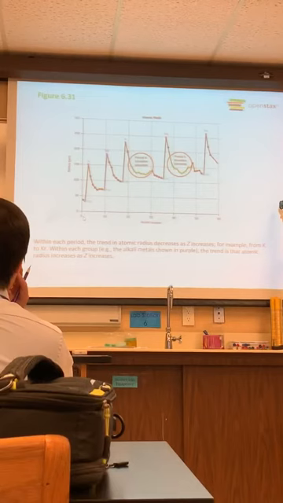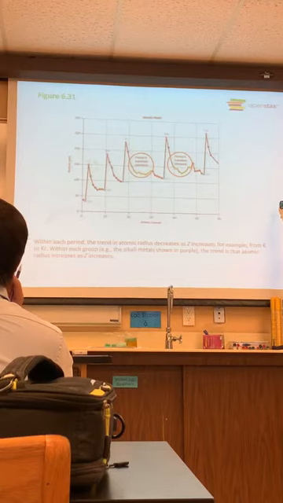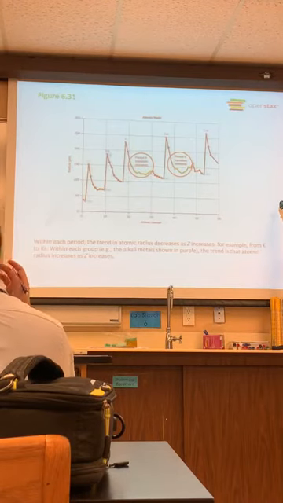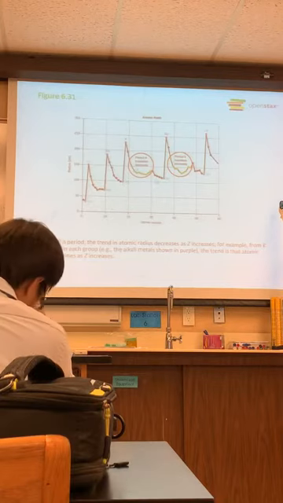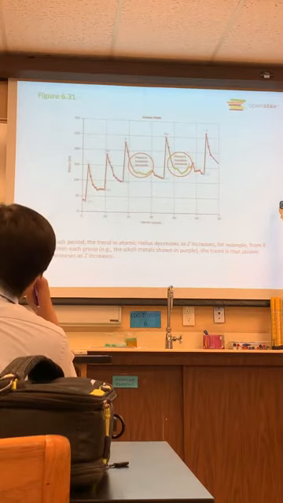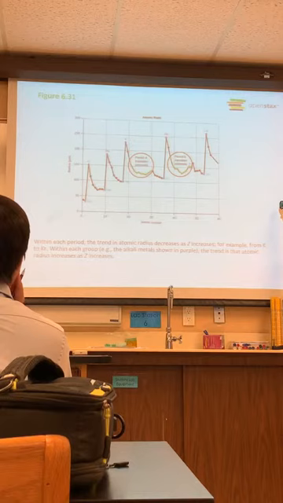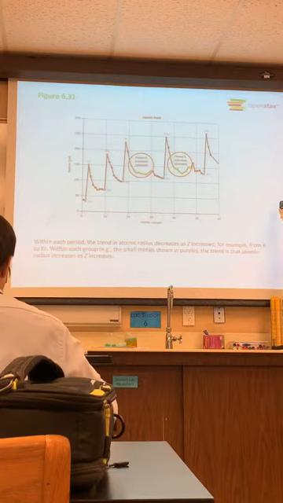If you graph this as you increase the atomic number, you get a pattern. You get a peak, then a trough, then a peak, then a trough, then a peak, then a trough. It's that repeated pattern of peaks and troughs that we call the periodic nature of this radius.